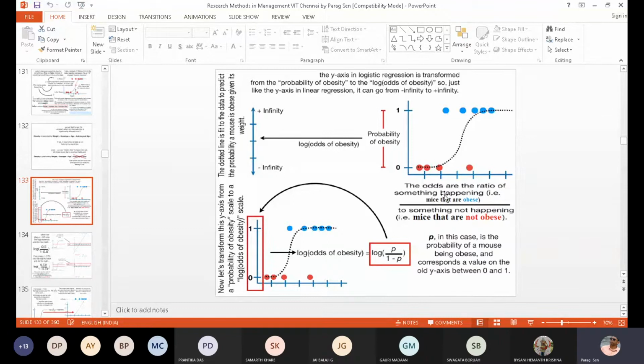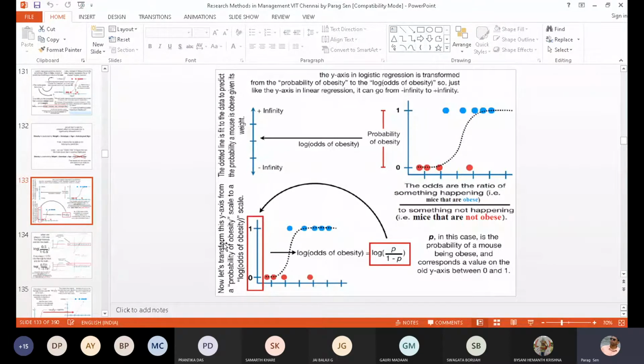The odds are the ratio of something happening divided by something not happening. Suppose the mice that are obese divided by mice that are not obese. If you take the ratio, then that is known as the odds of obesity. And you will be taking the log of the odds of obesity. Okay, the log version you are taking.